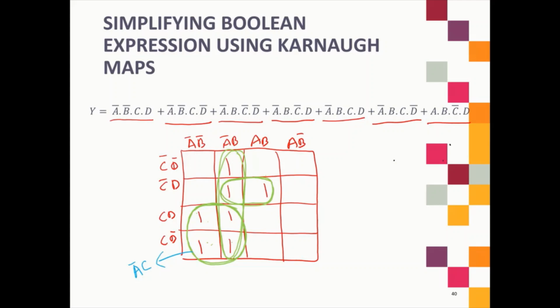For this one, it is A bar and B, and for this one, it is B, C bar and D. And the last step is you need to OR all the product terms: A bar and C plus A bar and B plus B, C bar and D. So this is the simplified expression for this SOP.